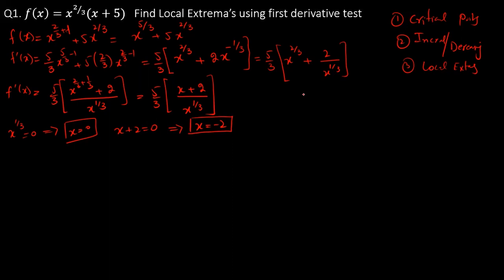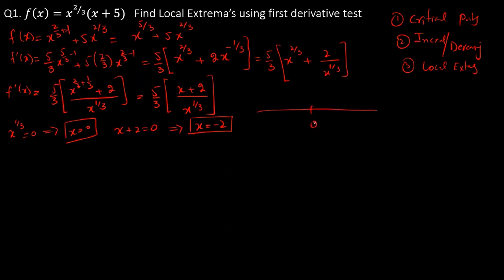Now we are done with the first step, and we need to move on to the second one, in which we have to check where the function is increasing and decreasing. For that we need to compute the intervals of increasing and decreasing, and we know how to compute the intervals when we have the critical points. So by using the critical points, let's draw a real line.